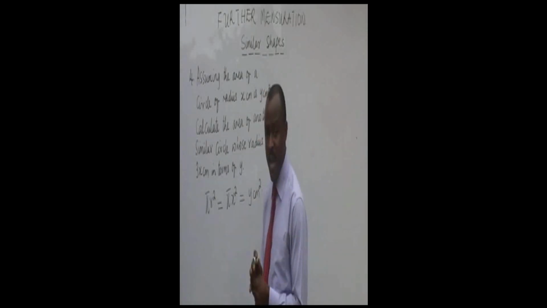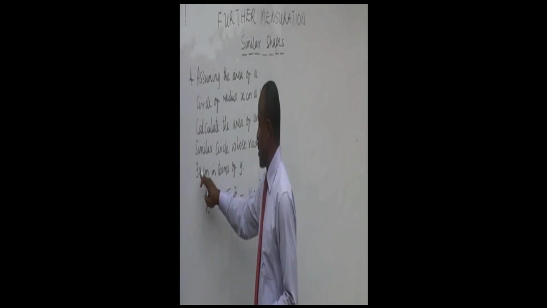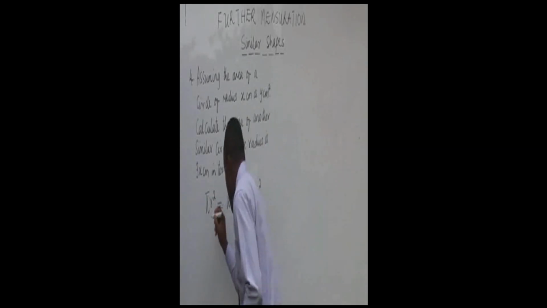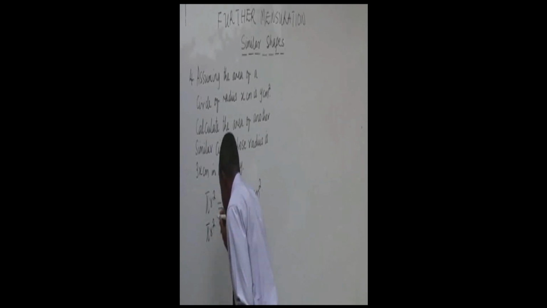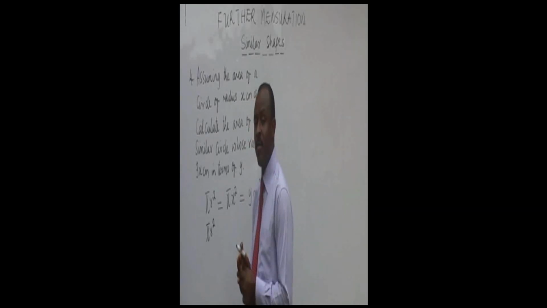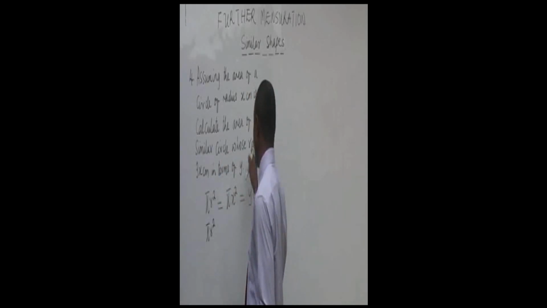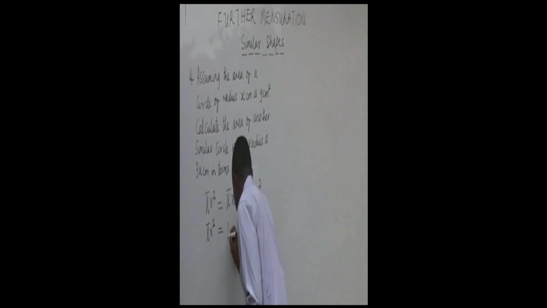For the similar circle, the radius was given to be 3x. That means its area is calculated by the same pi r squared, the formula for area of a circle. But now that its radius is 3x, its area will be calculated by pi (3x) squared.